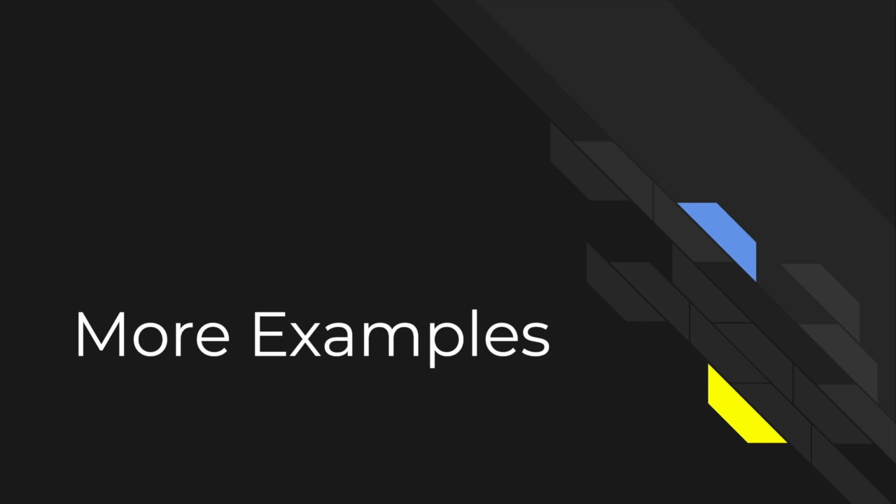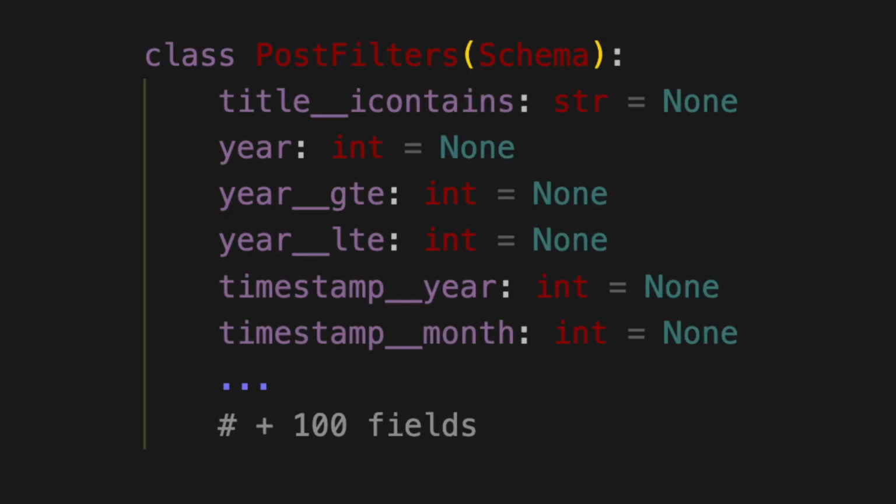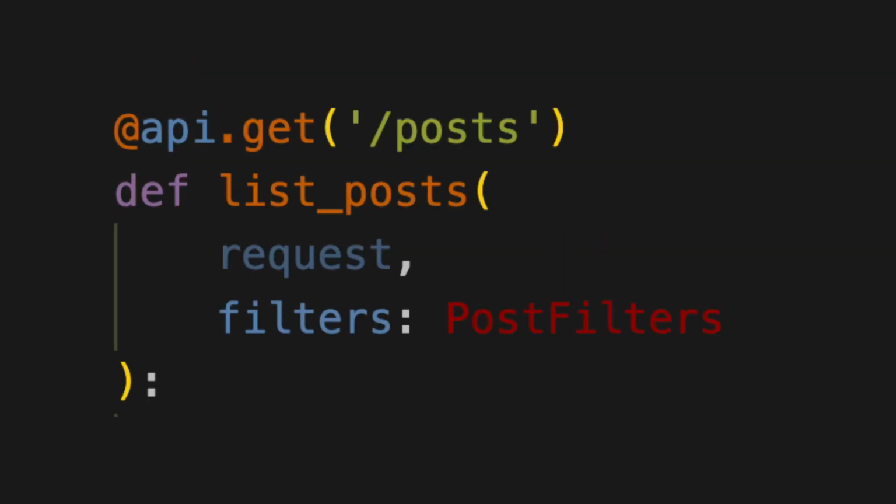Now, in the previous example, we used schema in the request body, but sometimes we can have a ton of arguments in GET parameters, like tens of optional filters that are passed in URLs. Like in this example, we can define our filters as queryset lookups and pass them as a function argument.